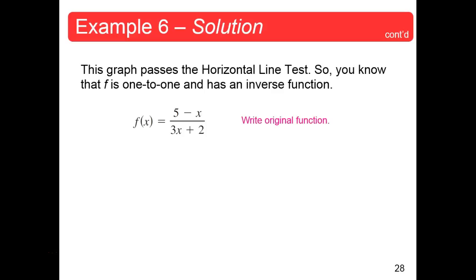And what's the next thing we did? You tell me. Once you verified it was a one-to-one function, by graphing it, showing it would pass the horizontal line test, they wrote it down. What's the next step? Set f of x equal y. Perfect. There it is. Next step.